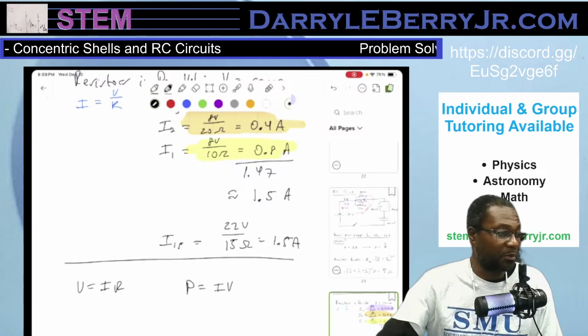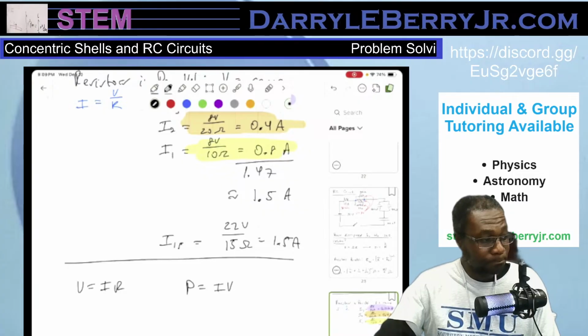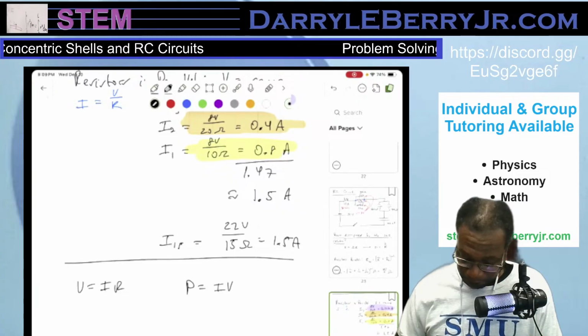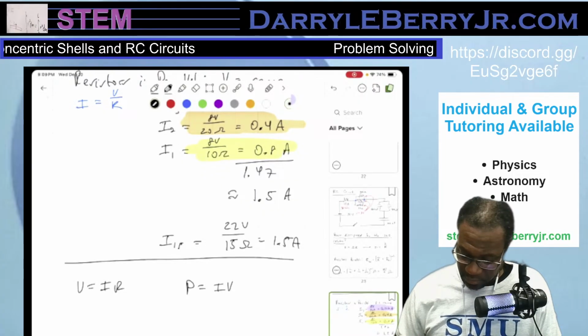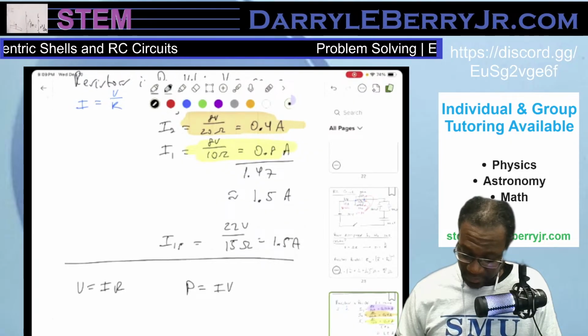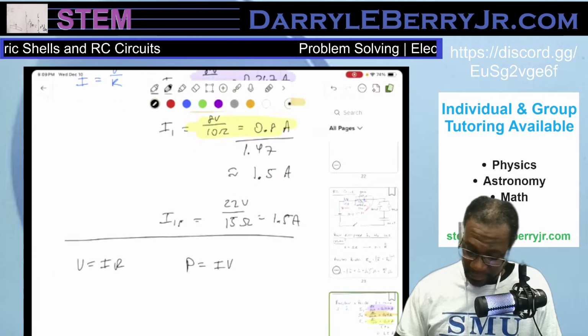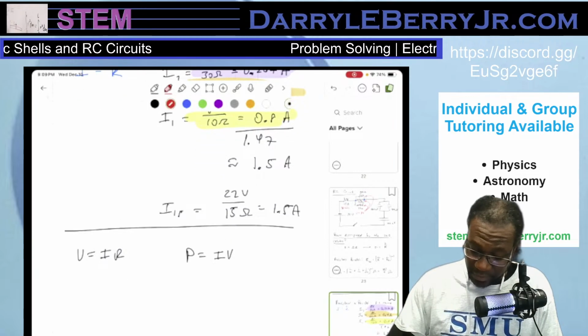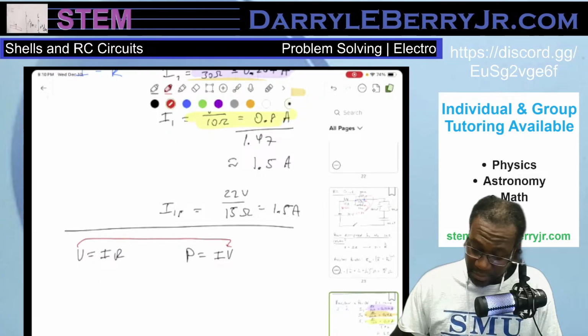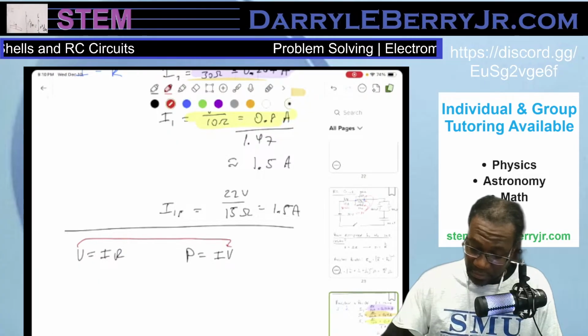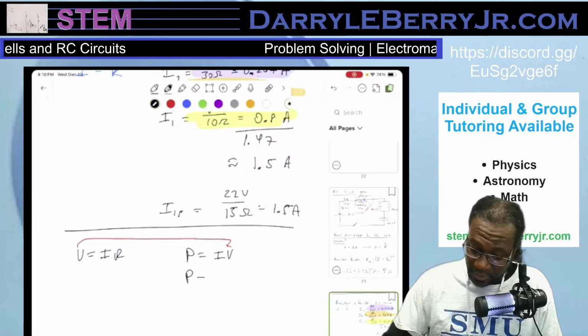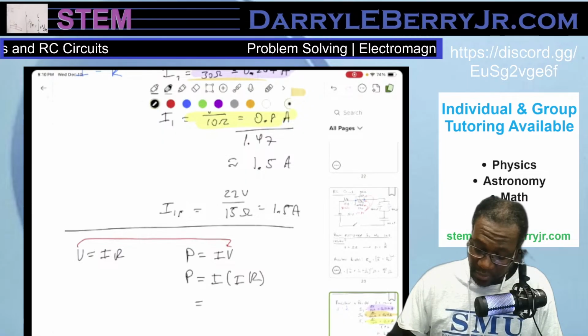Let me check I'm remembering that properly. Yeah, that's good. So what we need to do is get resistance inside the power expression, so I just plug in V equals IR. Then the power is the current times IR, so P equals I squared R.